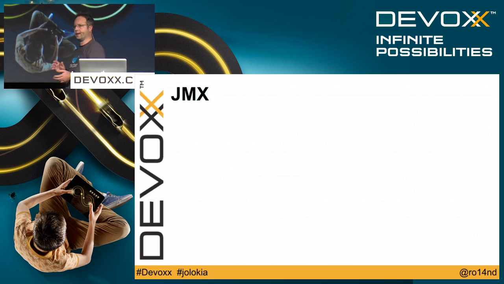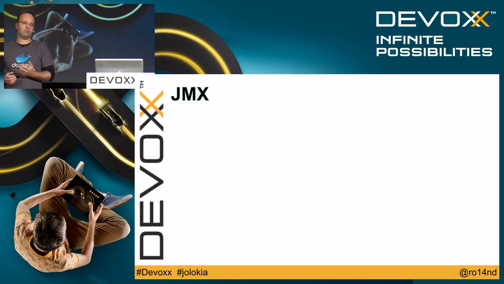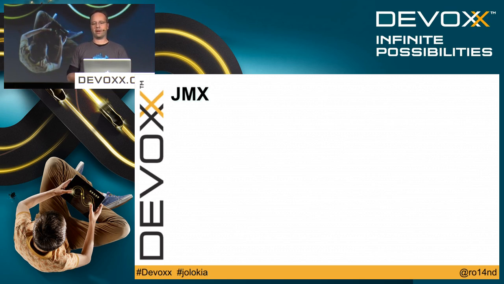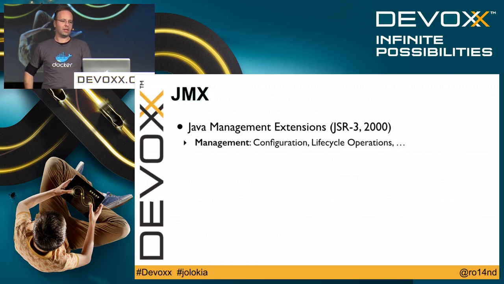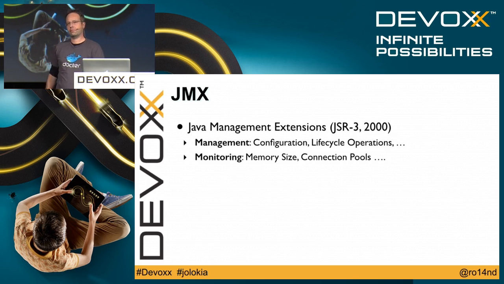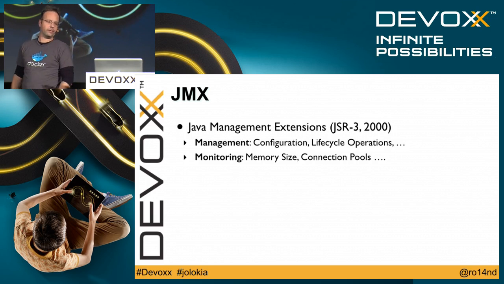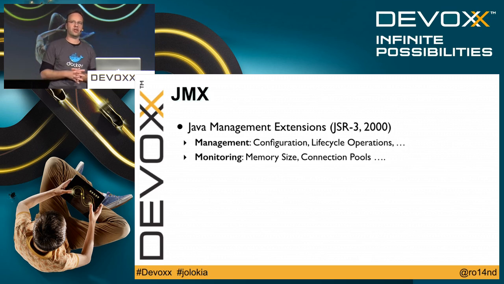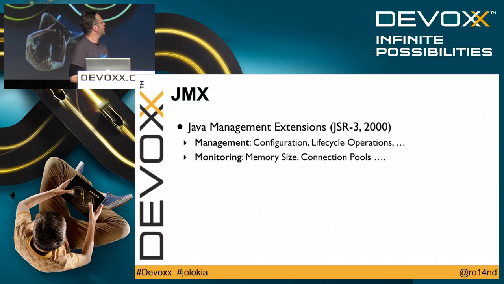So JMX, I think every Java developer who has been in the field for some time has met JMX in one way or the other, because JMX itself is a very old technology. It originates maybe even from the last millennium. And as you can see from the JSR number, it's quite an old one.